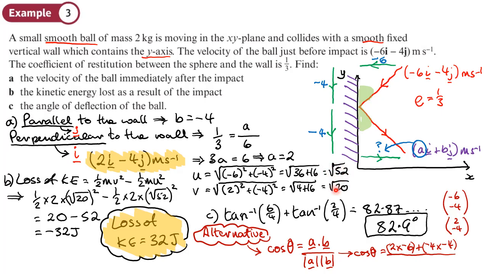This is the length of the vectors here, so I've already worked them out. So I can just put root 52 times root 20, and I'll get 1 over root 65, and if you do the cos inverse of that, you'll get the same answer as before. So that is an alternative way of working out this angle of deflection.